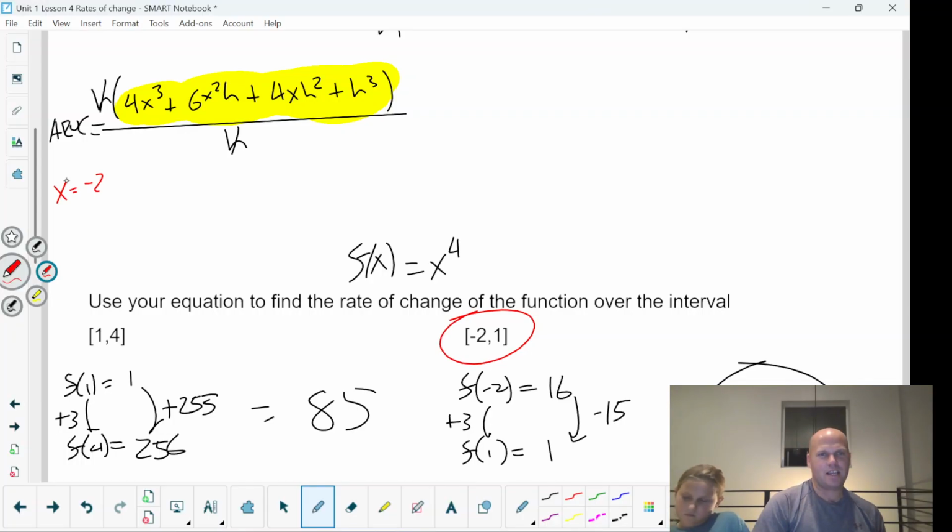When x is -2 and h is 3. Okay, so I got -2 cubed, which is -8 times 4, which is -32. I got 6 times 4 times 3, 24 times 3, 72.